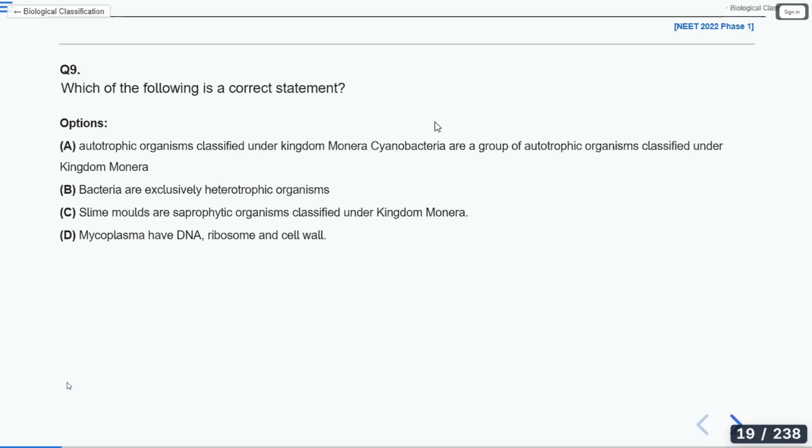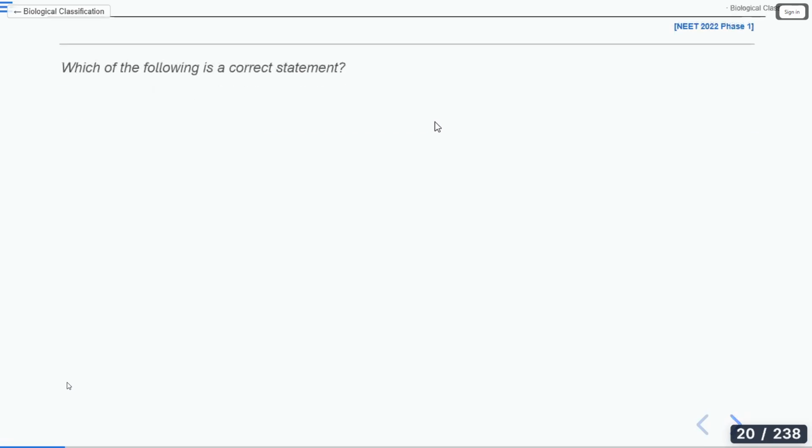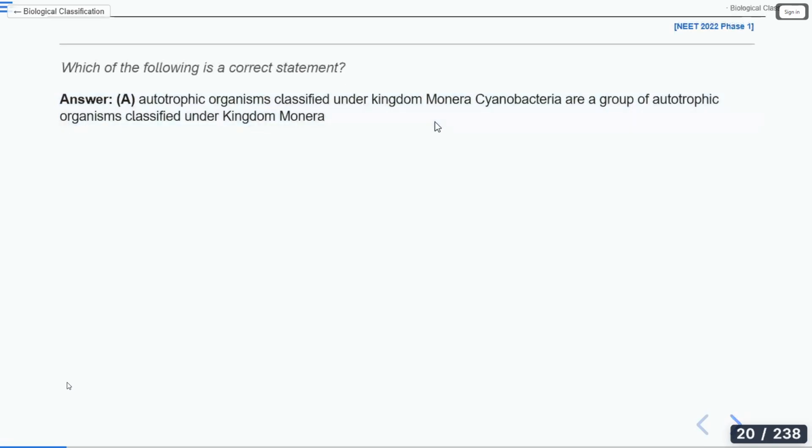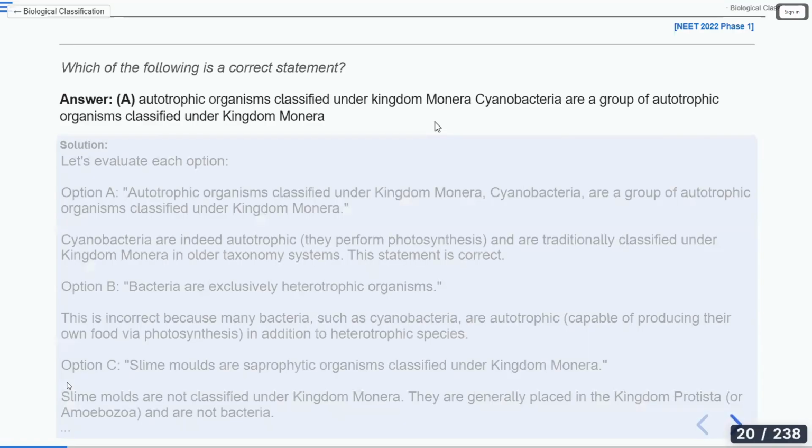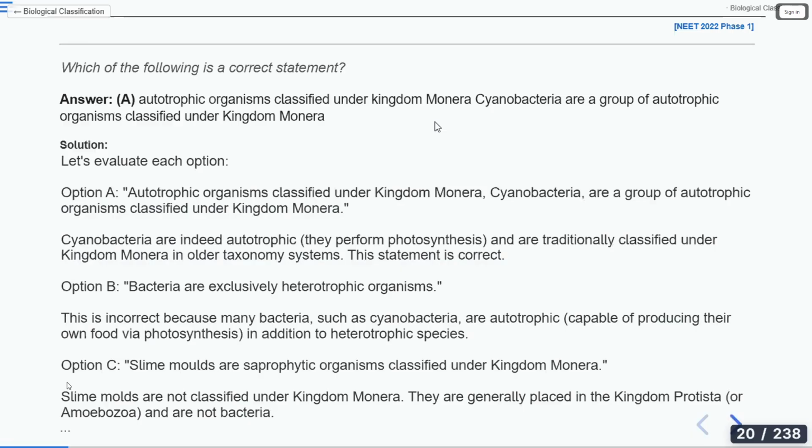So let's see the answer for this one. Option A, autotrophic organisms classified under kingdom Monera. Cyanobacteria are a group of autotrophic organisms classified under kingdom Monera. Someone told option B, right? But the cyanobacteria come under which group?